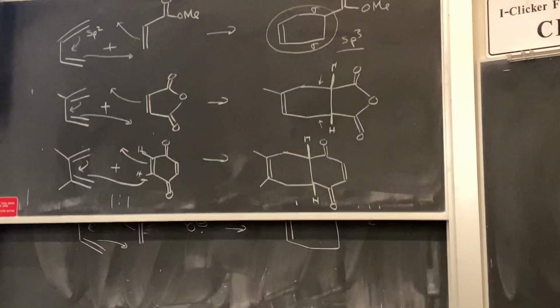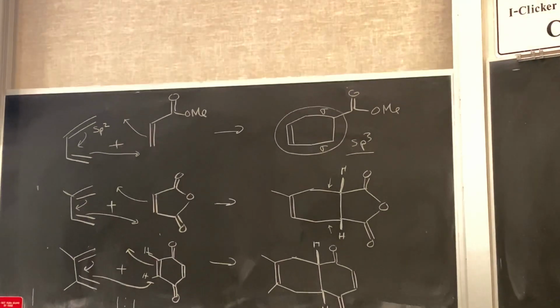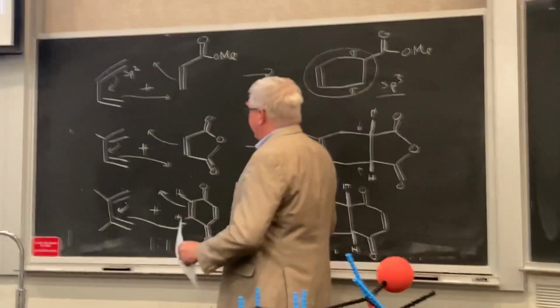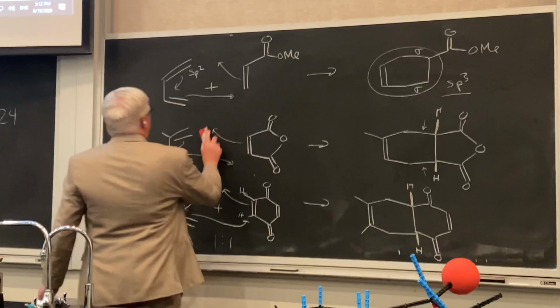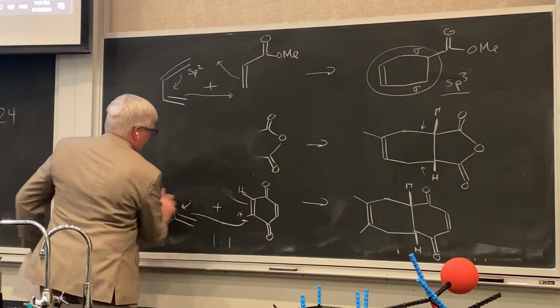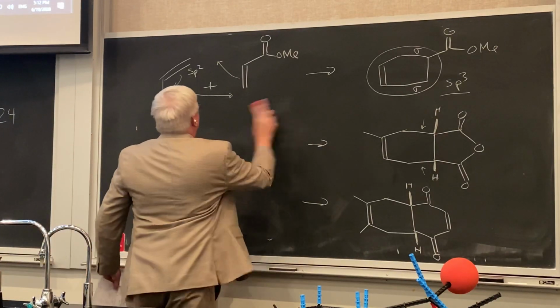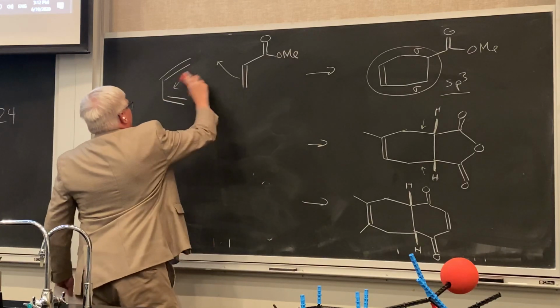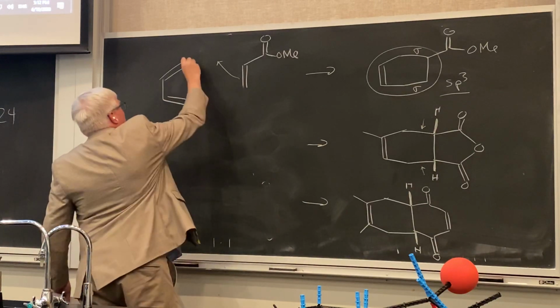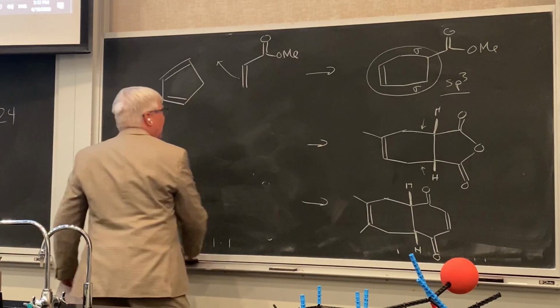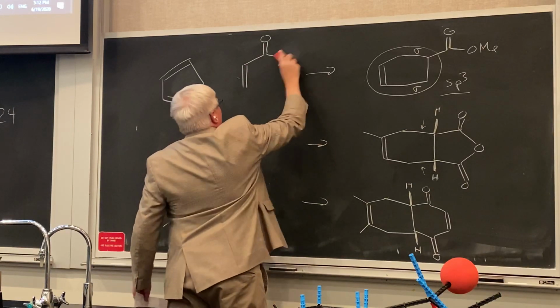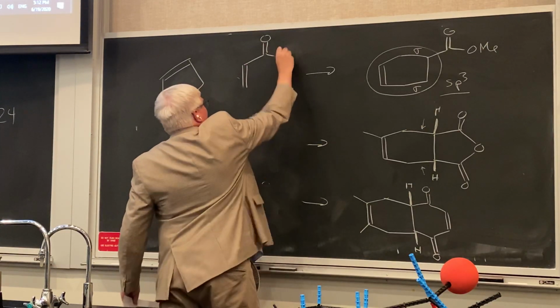And we're going to go to a different diene. Let's go to cyclopentadiene. We only need to modify things a little bit here. We're going to put a methylene right here. And yeah, let's do it. Let's go back to our aldehyde.